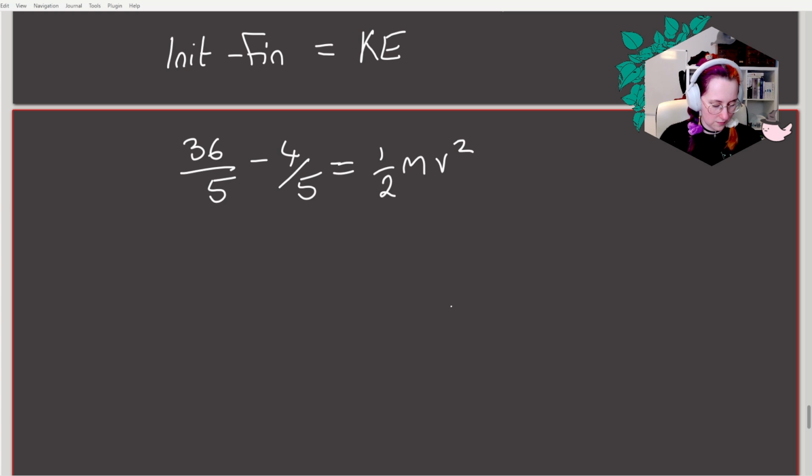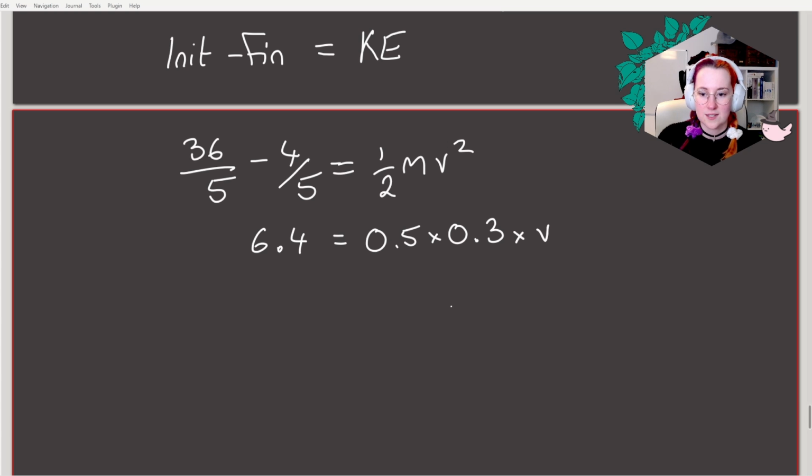So 36 minus 4 over 5, that's 6.4 is equal to 0.5 times, we were told the mass is 0.3, times v squared. So that gives us v squared is 6.4 over 0.5 times 0.3.